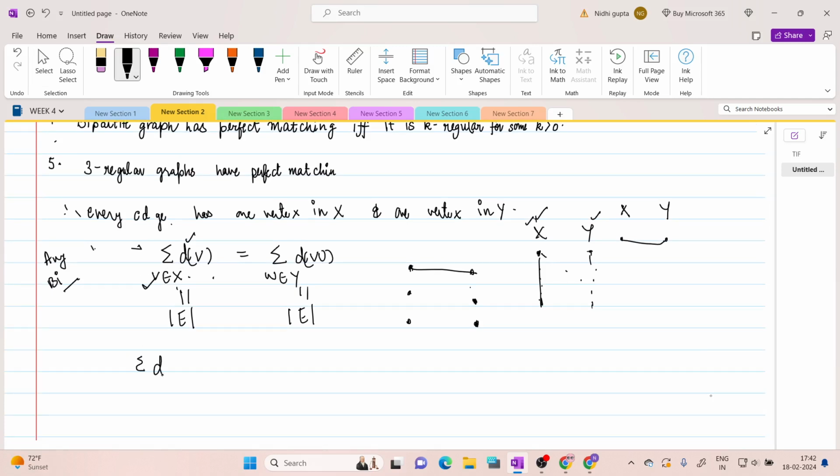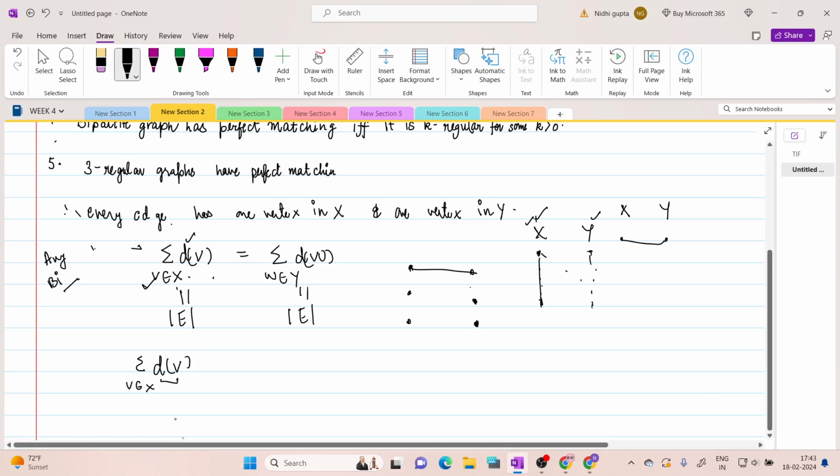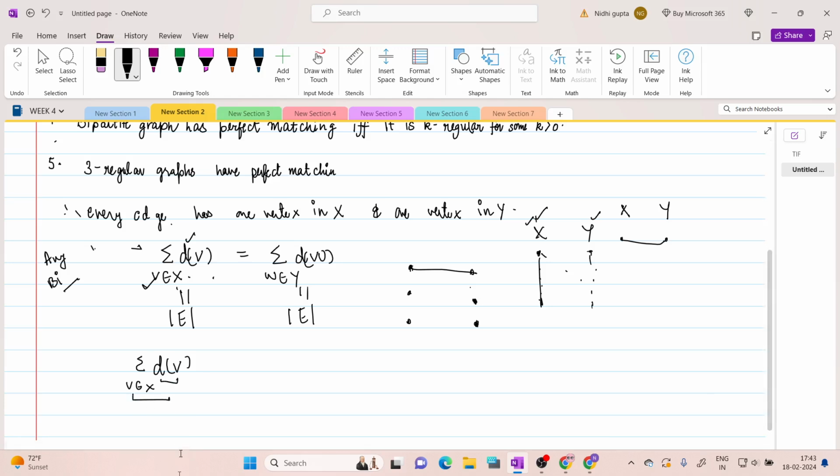Can you compute the LHS, the sum of degrees of v belonging to X? The first statement is true for any bipartite graph, and the second statement is true for any bipartite graph. Now suppose my bipartite graph is k-regular. That means the degree of each vertex is k.